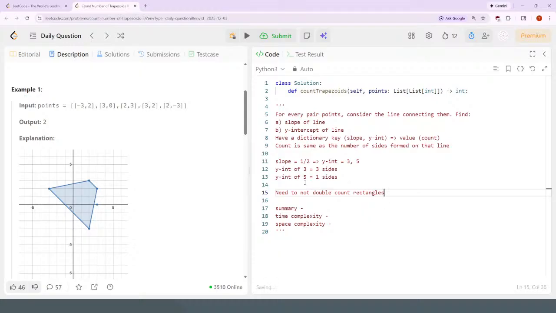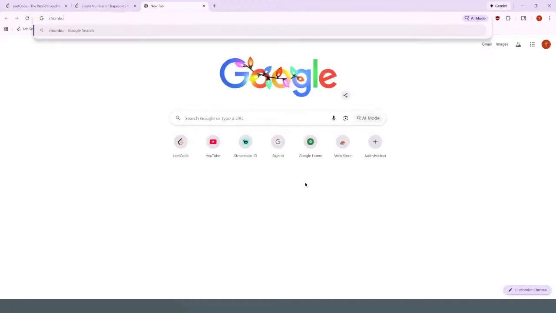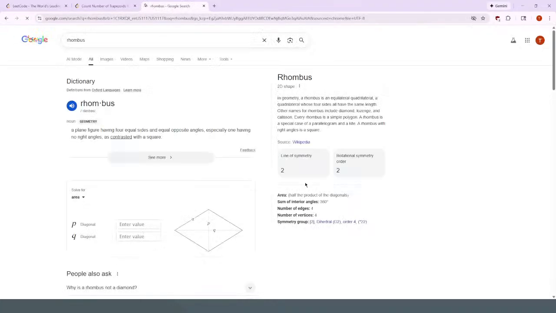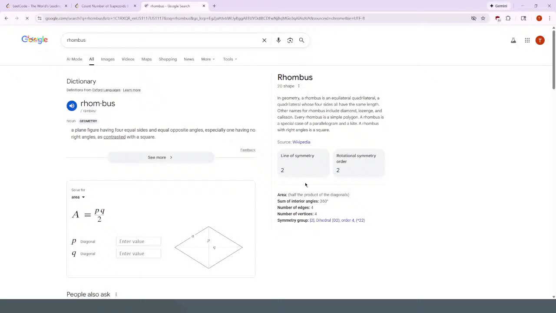Are rectangles a concern here? Or is it a rhombus? I guess rhombus. Yeah, rhombus. A rectangle is a rhombus, right? Rhombus. Yeah, having no right angles as contrast with a square. Oh wait, it has, by definition, no right angles.